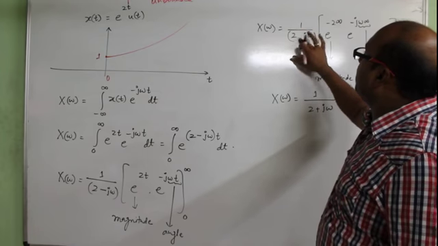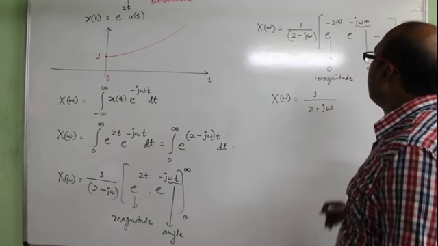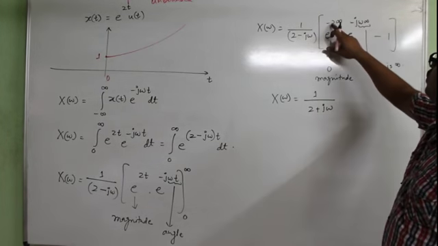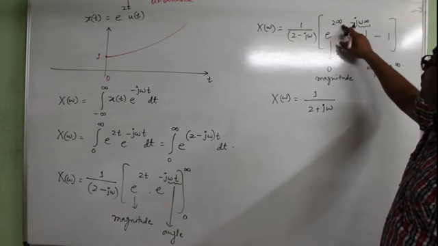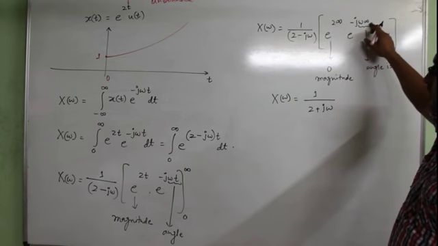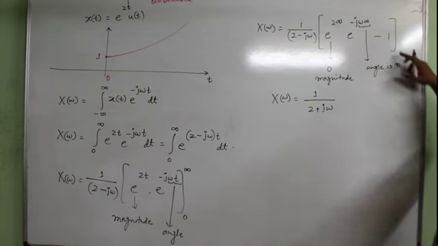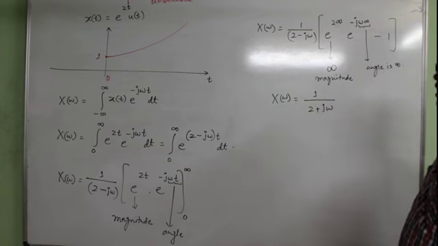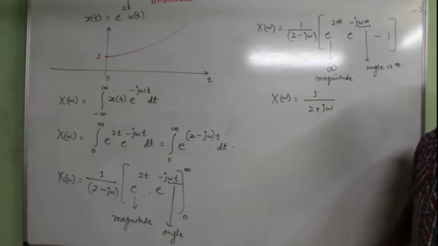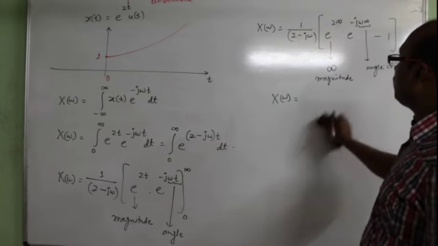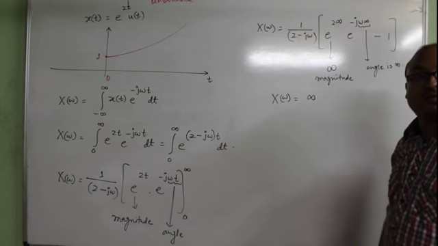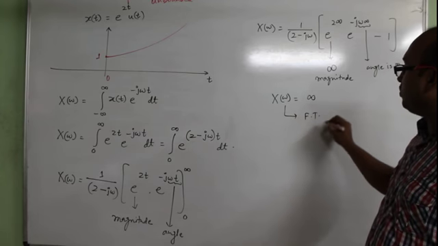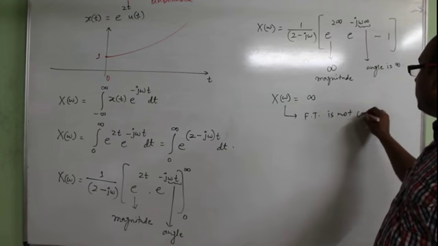So now X(omega) is 1 upon 2 minus j omega, times e to the power 2 infinity into e to the power minus j omega infinity, minus e to the power 0, which is 1. Now see, e to the power infinite is infinite. So the magnitude is infinite, so X(omega) is infinite. X(omega) infinite means the Fourier transform is not converging.